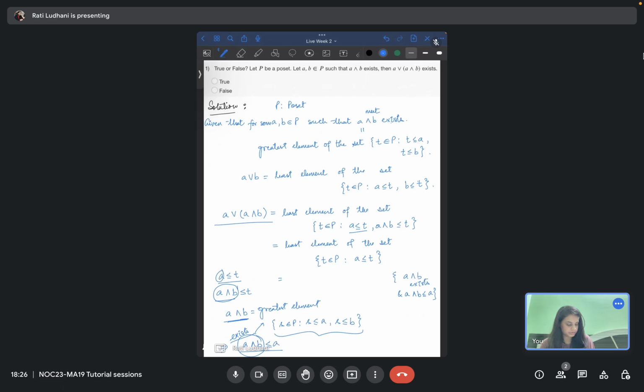Now you are searching for an element T such that A is less than or equal to T, and the least element of such kind. So we can just pick A, and that will be the least possibility, because A belongs to P and A is less than or equal to A, and you cannot have something in between because these are the same. So this has to be A.